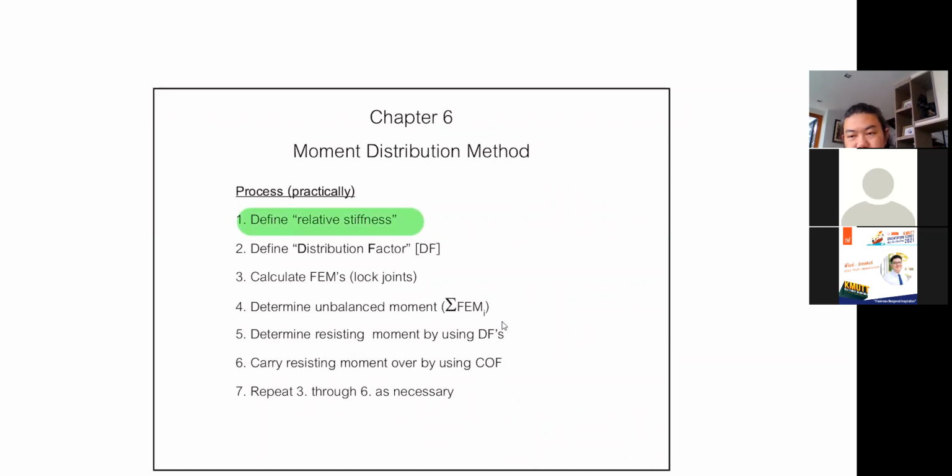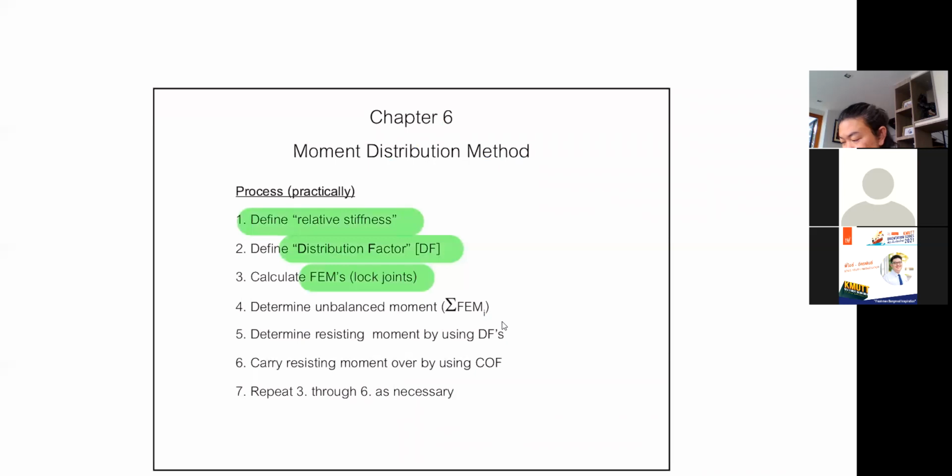We need to be able to see how each member is stiffer than the others, or vice versa, so that we know how much each member will contribute in resisting the moment. Once we know the relative stiffness, we can determine the distribution factor of each member that forms a joint. We can calculate fixed end moment next by locking the joint, right?